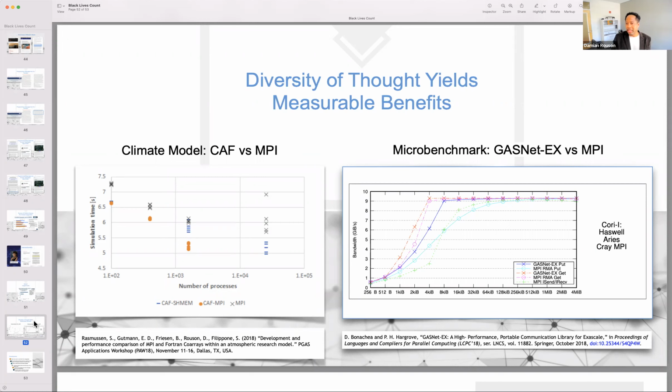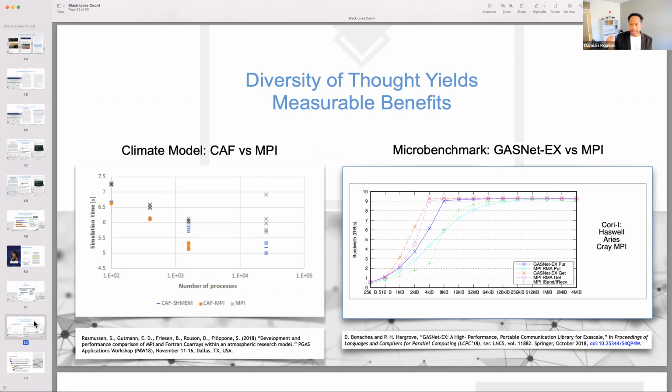On the right, we see GASNet-EX that's developed in my group that supports a broad ecosystem of languages, libraries, various programming models and applications, from NWChemEx for drug discovery to ExaBiome for metagenomics. Really broad applicability.